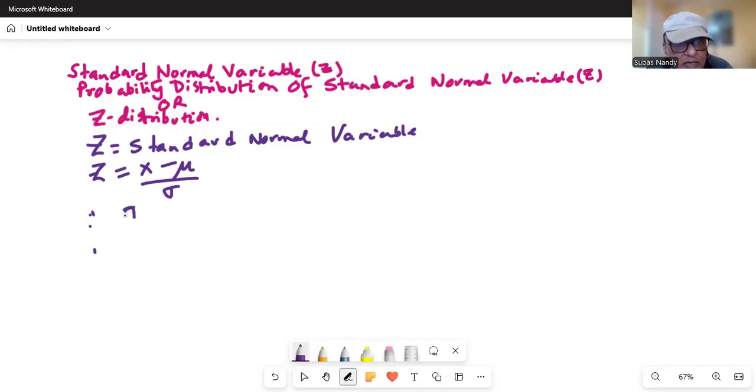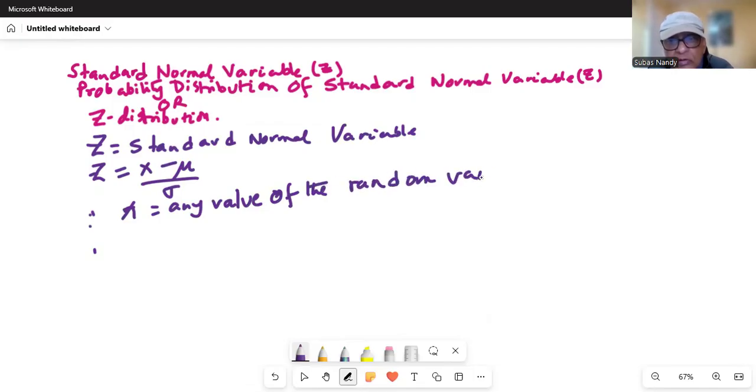So what is x? X is any value of the random variable which we are measuring, such as a person's age or income.